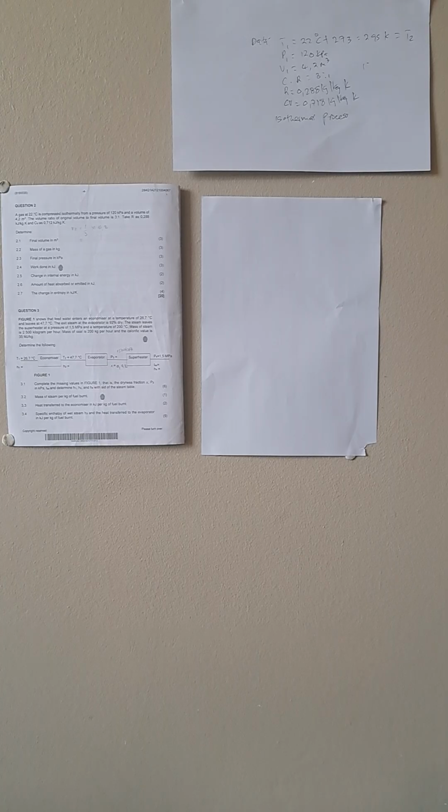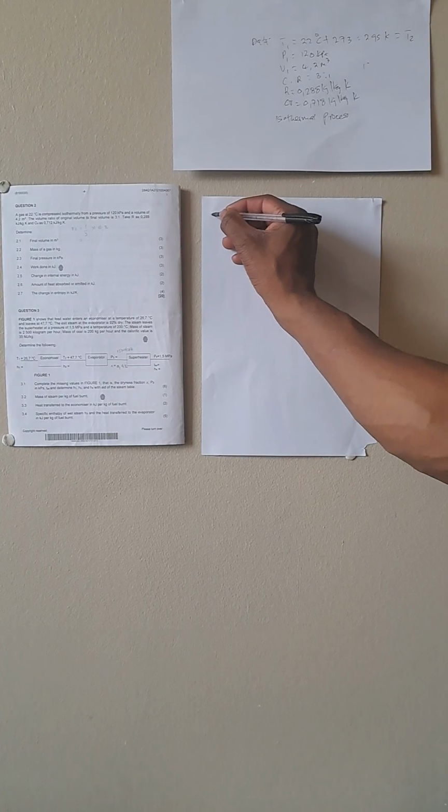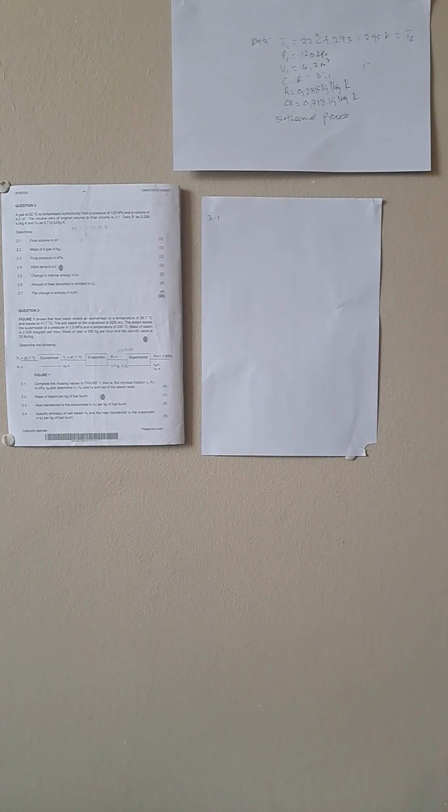Question number 1 says, calculate the final volume. The simplest way when you are doing a question like this, you are already given a compression ratio. When they said the volume ratio of original to final is 3:1, that is the compression ratio. Therefore, we will not waste much of our time.